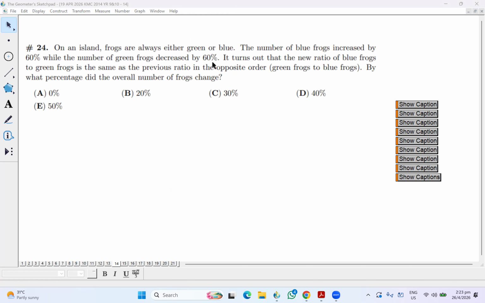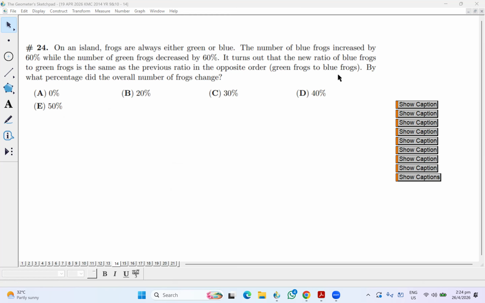It turns out the new ratio of blue frogs and green frogs is the same as in the previous ratio in opposite order. At first, blue to green, now green to blue, opposite order, same ratio. By what percentage did the overall number of frogs change?